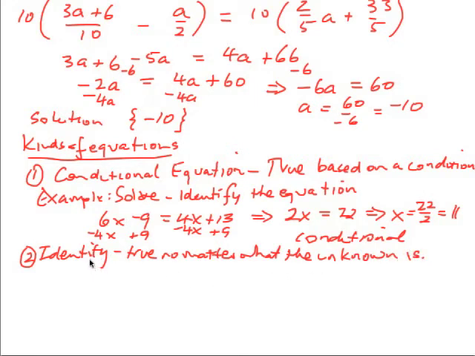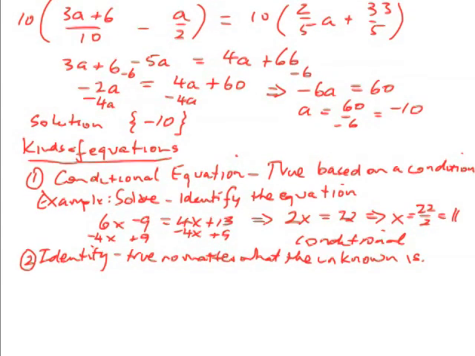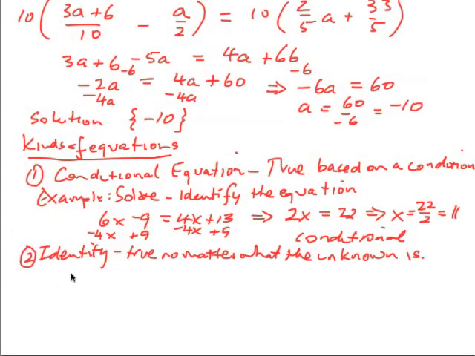For example, let's suppose I have something like negative 3 times (2x take 1) plus 5x is equal to 3 take x.